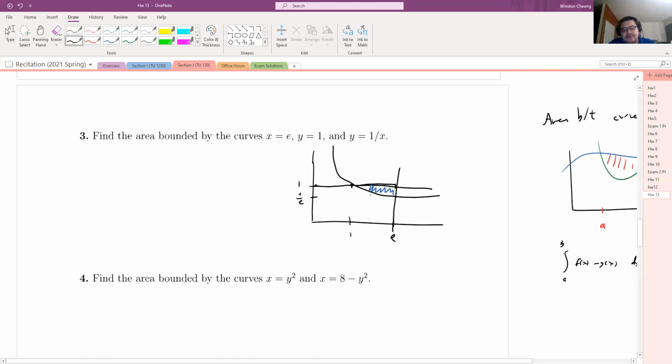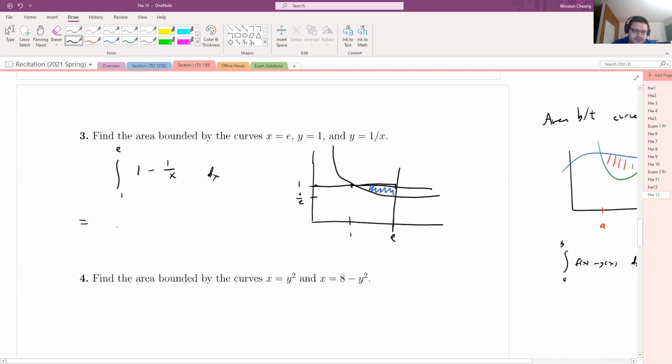Okay, and so you can see that the top function is going to be the function y equals 1. The bottom function is 1 over x. And the limits for the integral are going to go from 1 to e. So it ends up being the integral from 1 to e of 1 minus 1 over x dx.